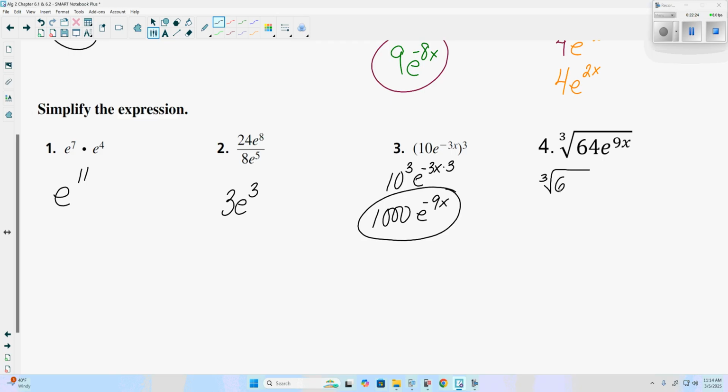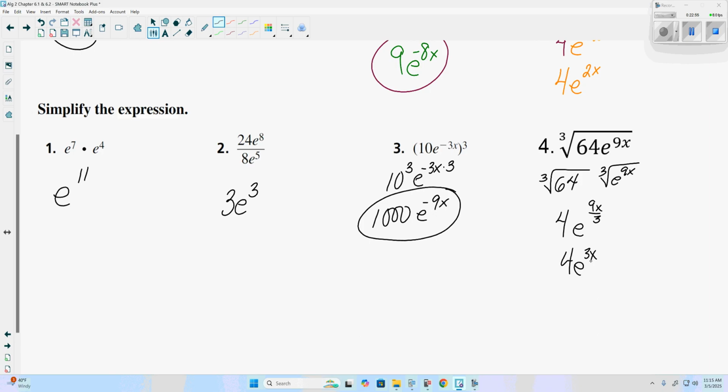Last one, we're looking at the cubed root of 64 and the cubed root of e to the 9x. Now the cubed root of 64 is 4. As we're saying, what times itself 3 times is 64? That'd be 4. The e to the 9x, well, that's going to be the same as e to the 9x over 3, or e to the 3x.